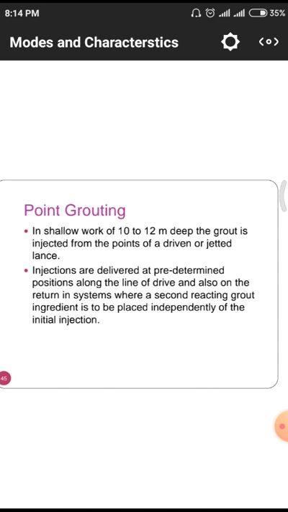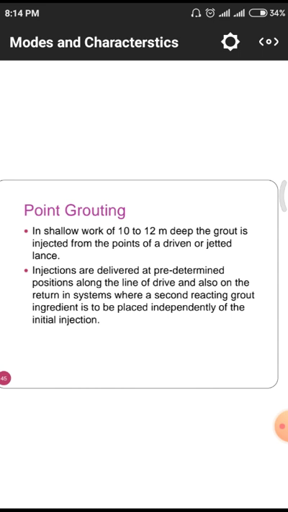In some cases they will go for these injections. Injections are delivered at predetermined positions along the line of the drive, and also on the returns in systems where a second reacting grout ingredient is to be placed independently of the initial injection.